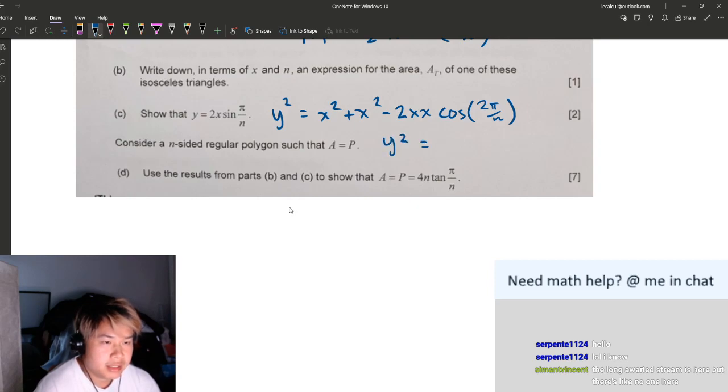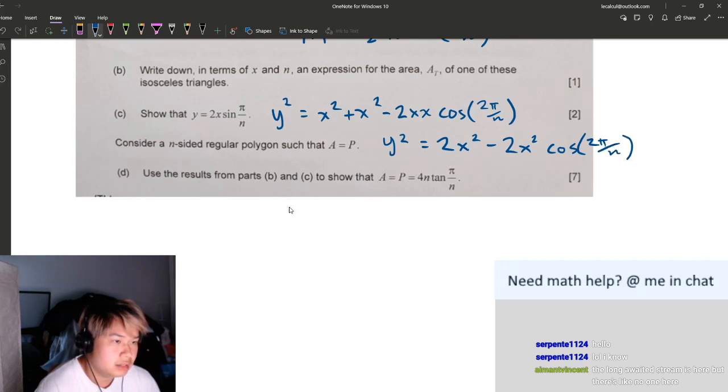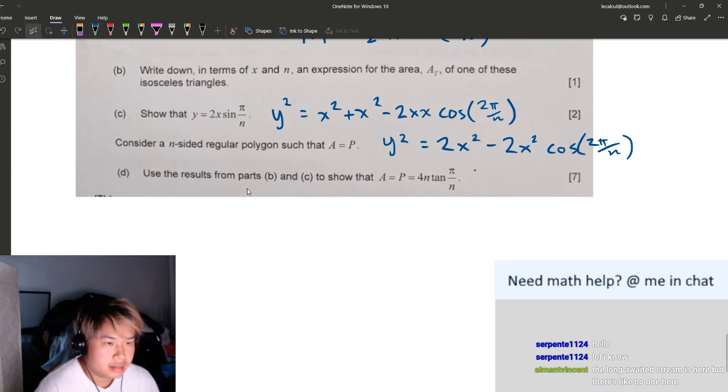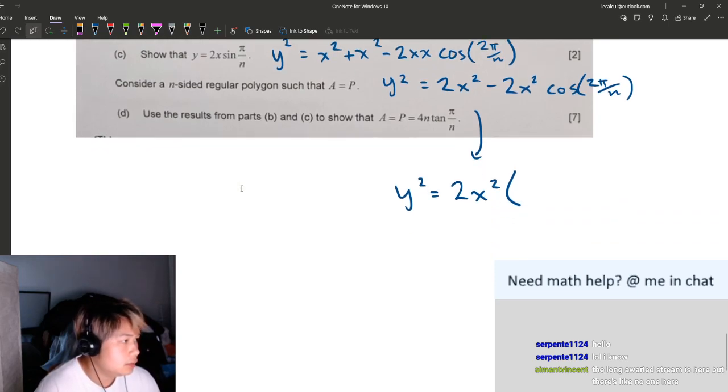So y squared is equal to 2x squared minus 2x squared times cosine 2 pi over n. And then that means that y squared is equal to 2x squared, bracket. I'm factoring out the 2x squared, and then I'm going to have 1 minus cosine 2 pi over n.